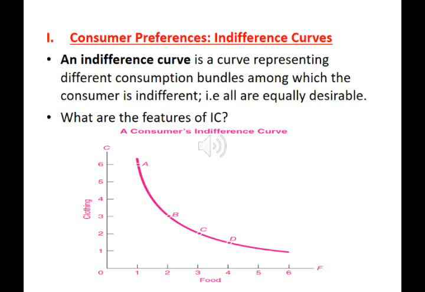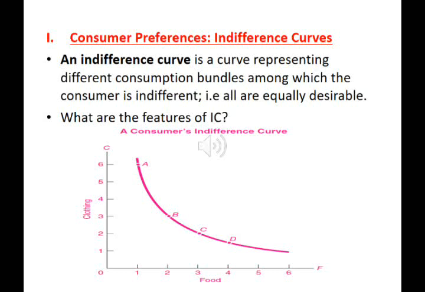And finally, moving from C to D, the consumer will only be willing to give up half a unit of clothes, if clothes were divisible, in order to consume one extra unit of food. Again, the marginal rate of substitution is decreasing as we move to the right.